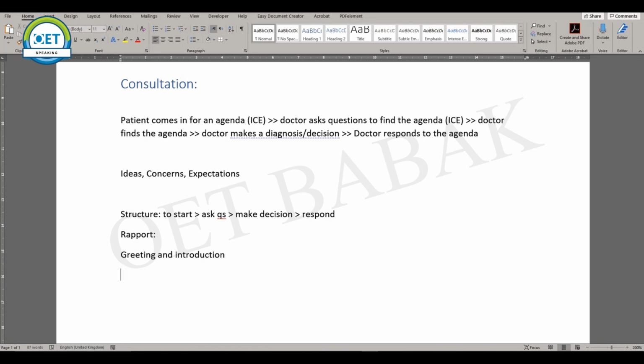Then showing empathy. I put it in a different order. Non-judgmental. There was something else. What was that? Greeting and introduction, showing empathy, non-judgmental, and respectful.